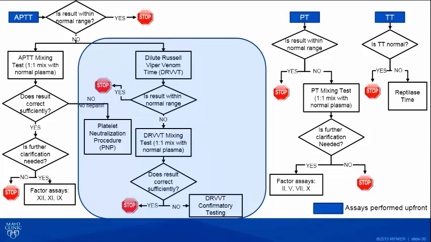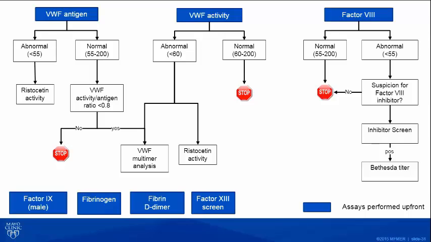The assays performed up front include APTT, the ones in the blue box: APTT, PT, thrombin time, von Willebrand factor antigen and activity, factor 8 activity, factor 9 only in males because of the prevalence, fibrinogen, fibrin D-dimer, and factor 13 screen.